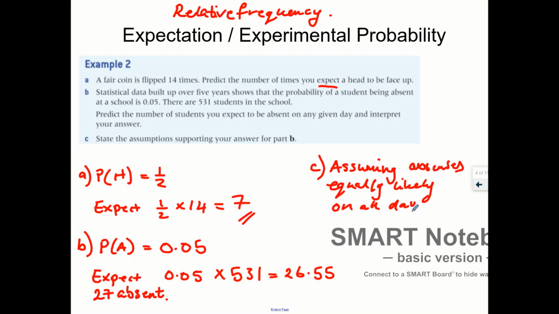Whereas actually, we all know that you're more likely to be absent at the beginning or the ends of terms, when there's a test, when you've got work due the next day, that sort of thing. So the assumption we have made though is that it's equally likely all through the year.